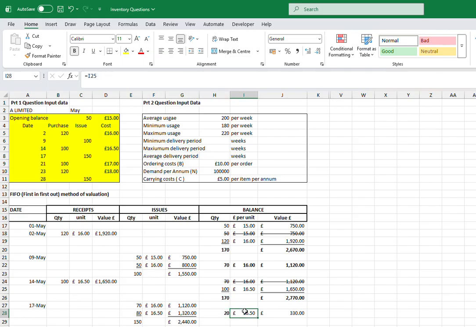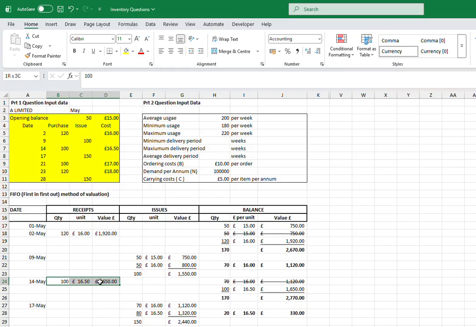And so it goes on. The only thing we need to concern ourselves with, and we can look at that later, is if there's a return. If it says that goods are returned, then you have to return the goods at whatever price you bought them at.